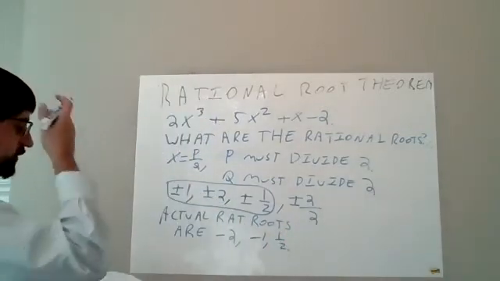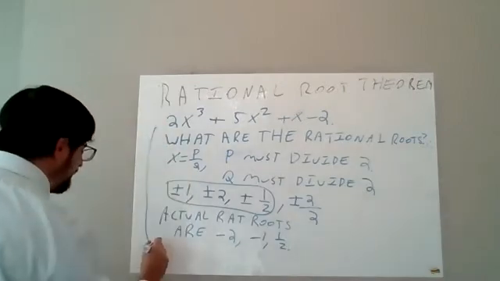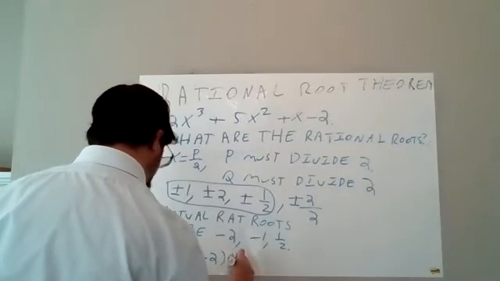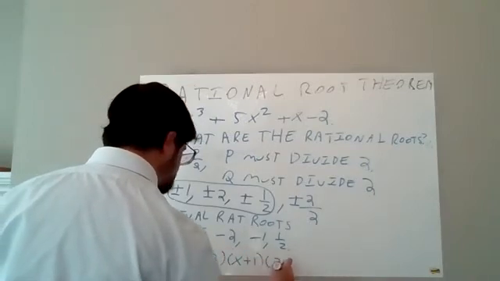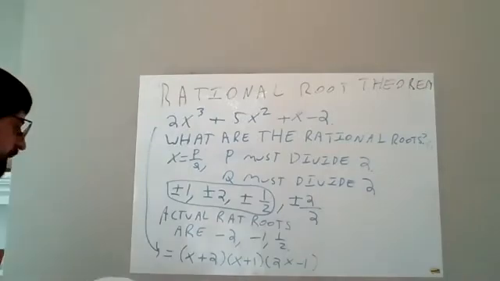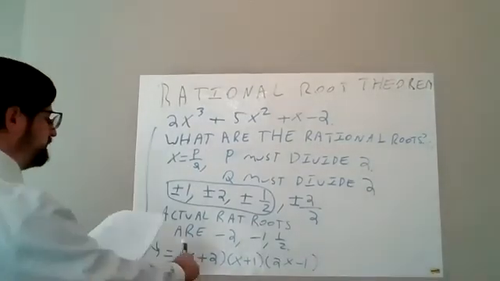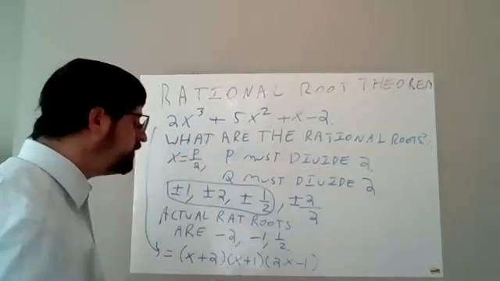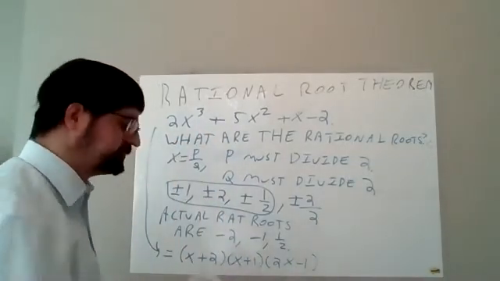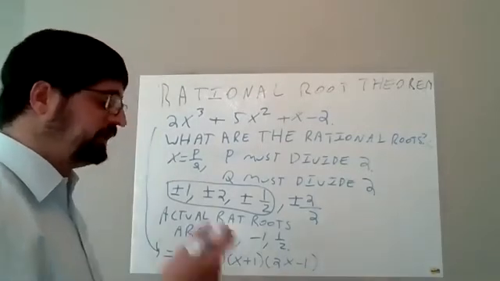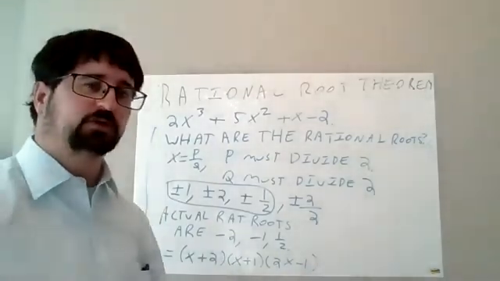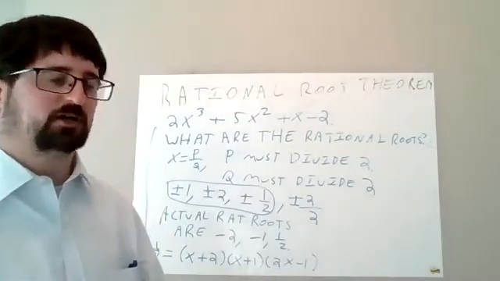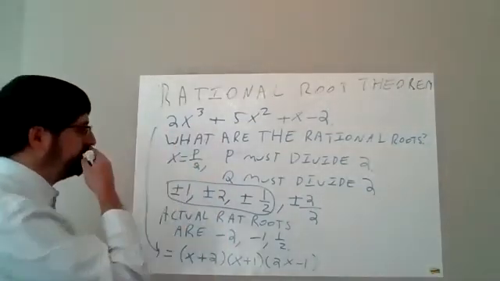And in fact, that corresponds to this polynomial factoring to be x plus 2, x plus 1, and 2x minus 1. You may wonder, where did I get these actual roots from? You have to do more arithmetic. You can either plug them in, or you can do synthetic division or some other process you may have seen previously. If you haven't seen synthetic division before, don't worry. We'll go over it. For now, it's a more efficient way of checking something like this, but you can just plug them in. Okay.